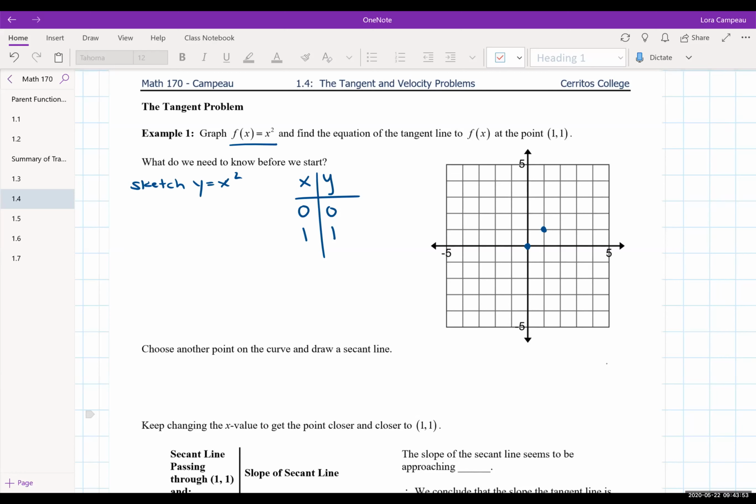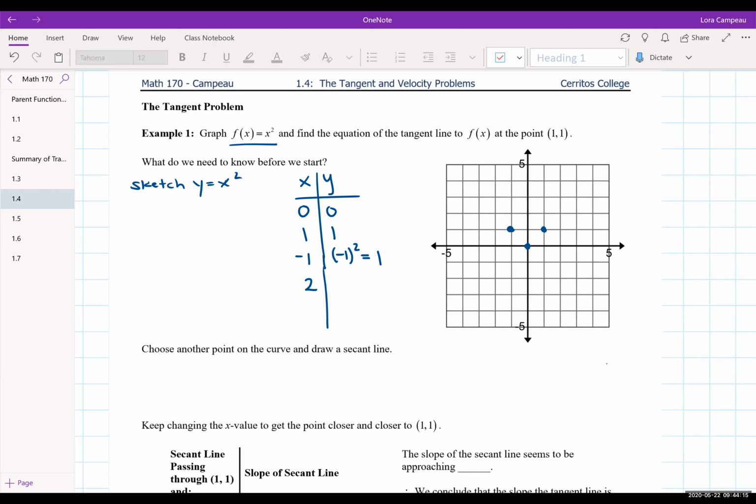Now, if I plug in -1, that would mean that I'm getting -1, all of that being squared, which in turn comes back out as a +1. So we're going to plot that (-1, 1). And I want a few more points just to fill up my graph a little bit more. I'm going to go with 2.